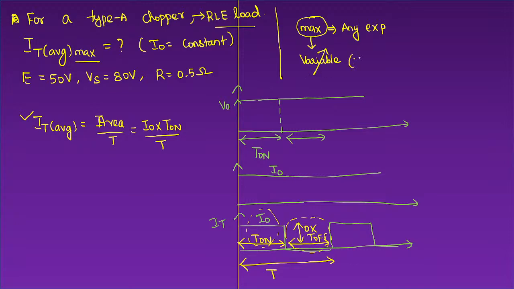In chopper circuits, we are applying time ratio control, TRC. Time ratio control means by adjusting the value of delta, we are controlling the output. We are trying to achieve the maximum output voltage, minimum output voltage, whatever we want, with the help of our controlling parameter delta. So here the variable quantity is delta.